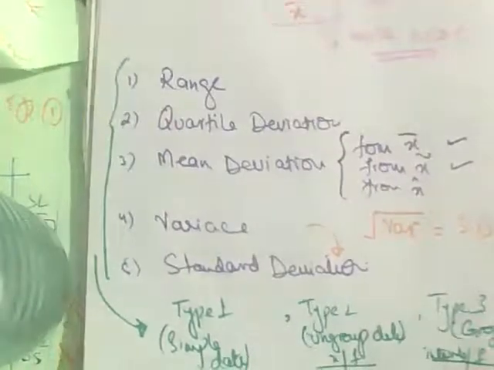Coming to the range. First is range. Range is simply maximum minus minimum, or the highest value minus the lowest.